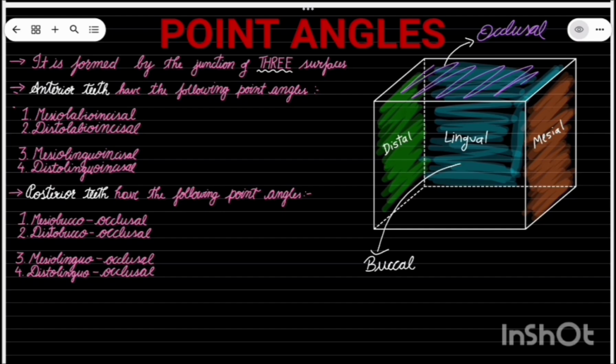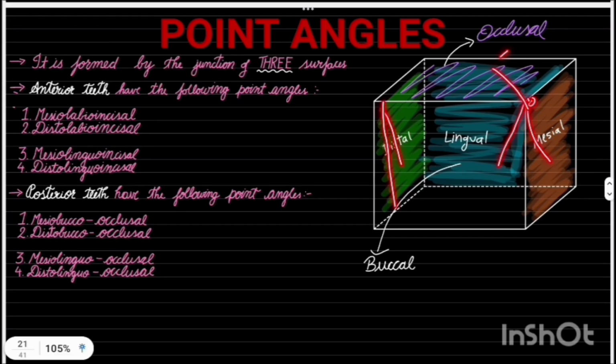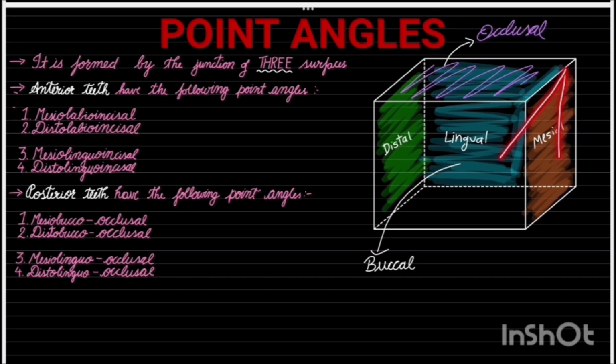In the posterior teeth, similarly, we have the mesio-bucco-occlusal point angle, the disto-bucco-occlusal point angle, the mesio-linguo-occlusal point angle and the disto-linguo-occlusal point angle. So these are the 4 point angles and these are the line angles of the tooth.